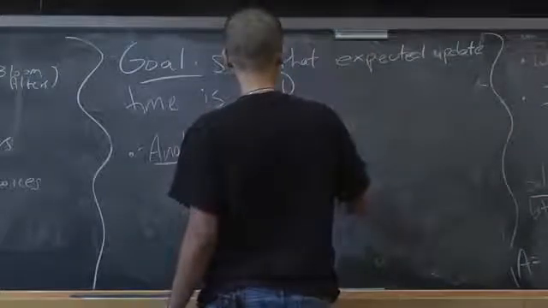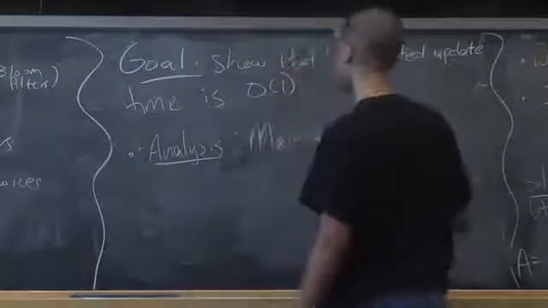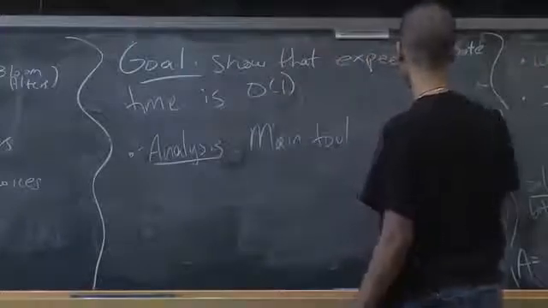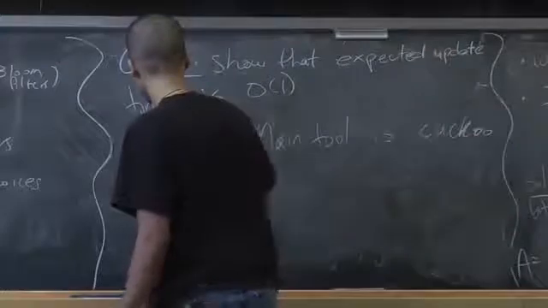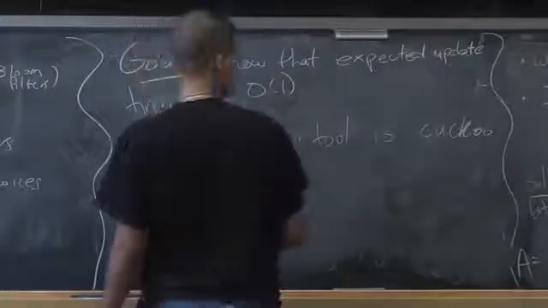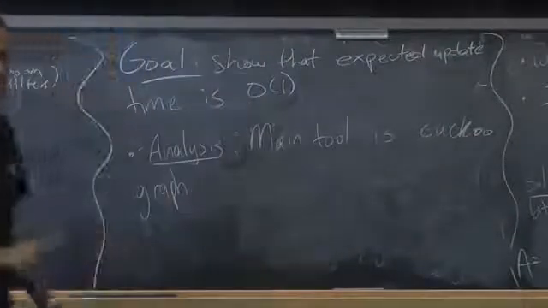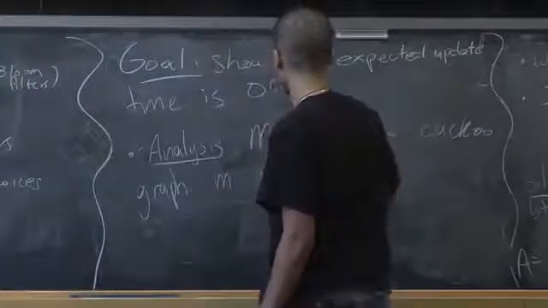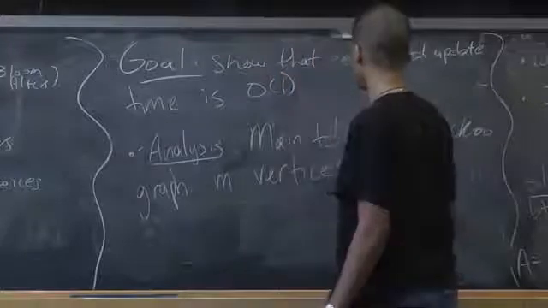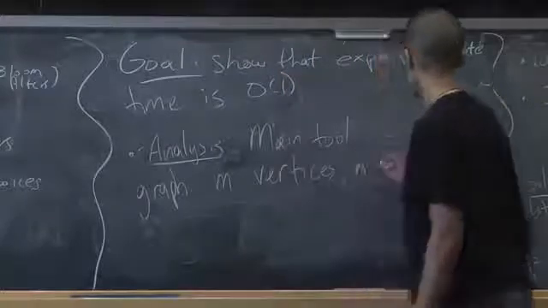Okay, so the main tool in the analysis is the cuckoo graph. Okay, what's the cuckoo graph? There are m vertices. It's an undirected graph. There are m vertices and n edges.